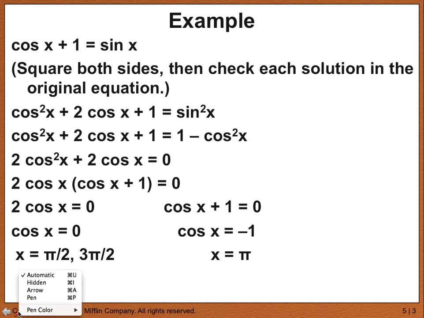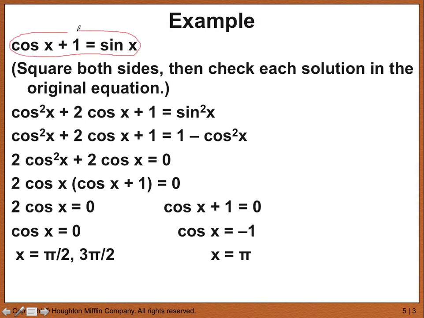Okay, so we're going to go up here to the top. We're going to circle that original equation in red because we want to make sure that we're using that for checking our solutions. And into this circled equation, we are now going to plug in pi over 2 for x. So does it work? Well, turns out that it does. Cosine pi over 2, that is cosine of 90.